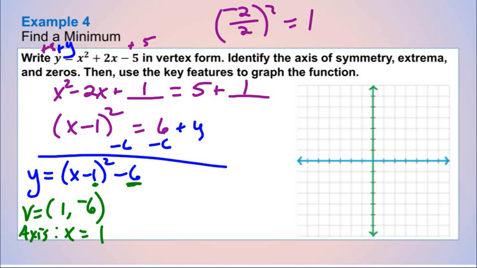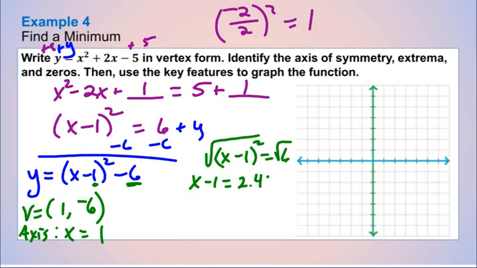So if I didn't put it into vertex form, I end up with x minus 1 squared equaling 6. Now I find the square root of both sides, and I'm left with x minus 1 equaling the square root of 6. So the square root of 6 would give me 2.45 and a negative 2.45.